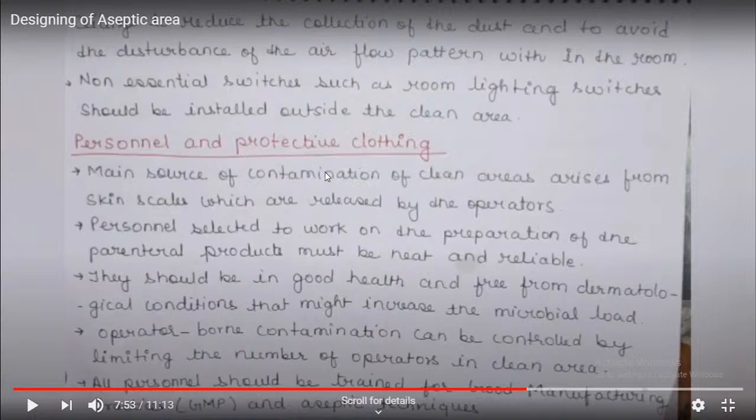Then the next point for the aseptic area is personnel and protective clothing; the main source of contamination is the clothing and personnel, through skin scales. Persons selected to work in the aseptic area must be neat and reliable, and a limited number of persons should be appointed to avoid contamination. Operators should be one or two, not more than that.